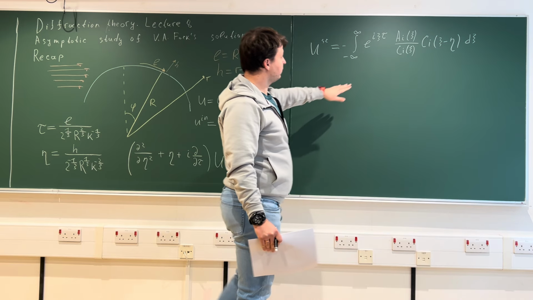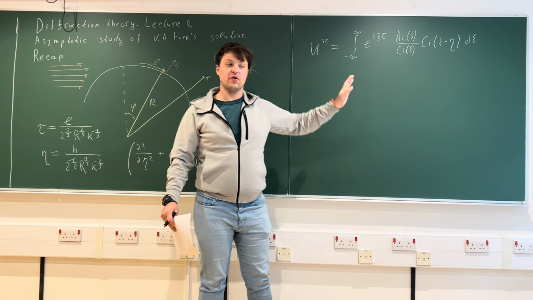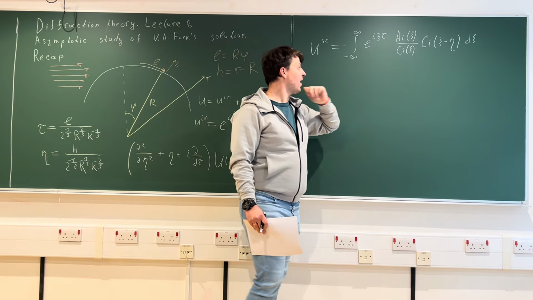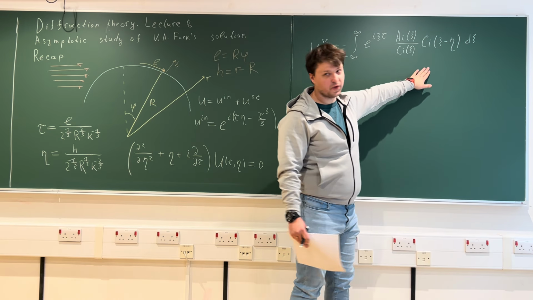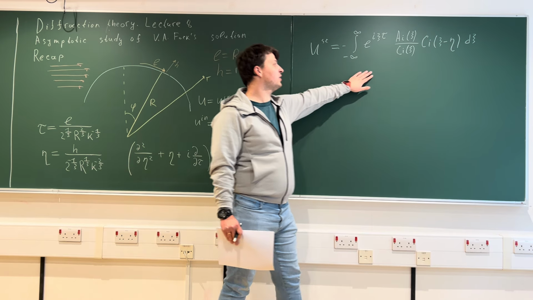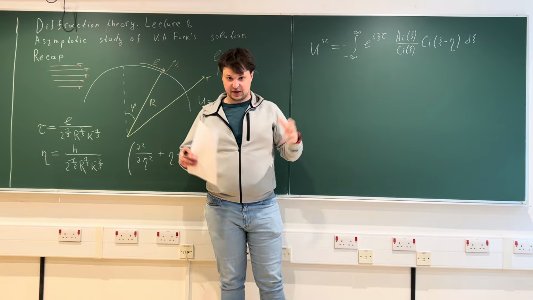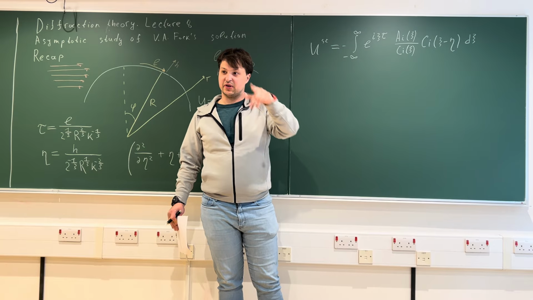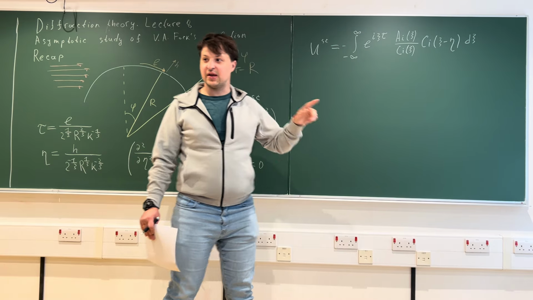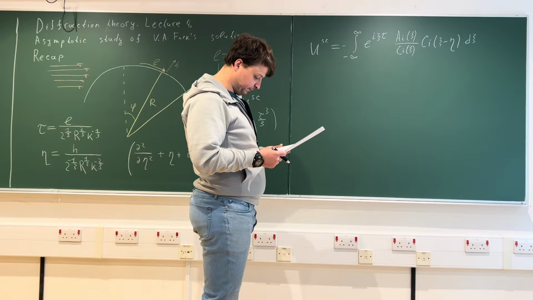And you remember Ai as a solution is like a usual Airy function, and this is called the Fock function, a modified Airy function. It's a solution to the Airy equation which behaves as an outgoing wave at infinity, so it has an exponent and some decayed factor, the first order of it.